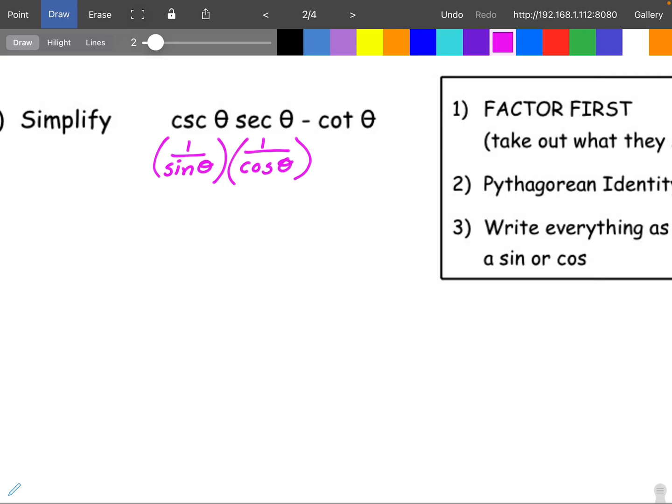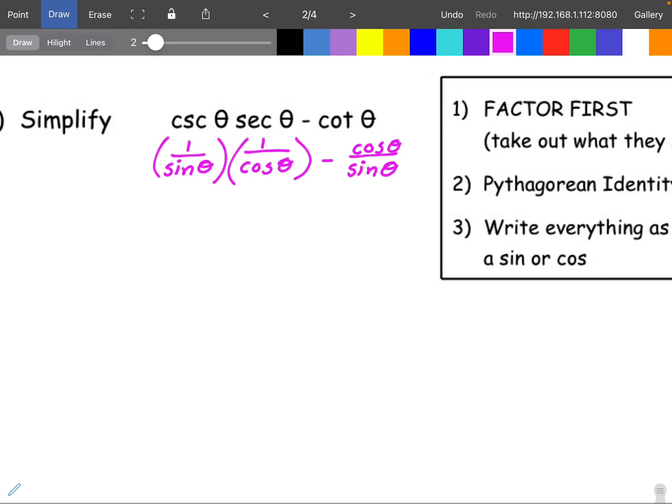So this is where I'm talking about don't take a shortcut and leave out your theta. Keep those in there. Then you're subtracting cotangent theta. And we know that cotangent is the same thing as cosine over sine according to our trig identity sheet. So cotangent theta can be written as cosine theta over sine theta.